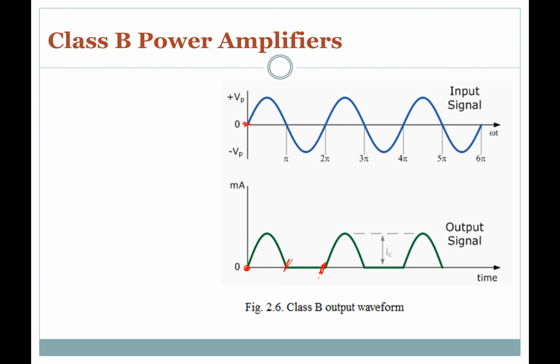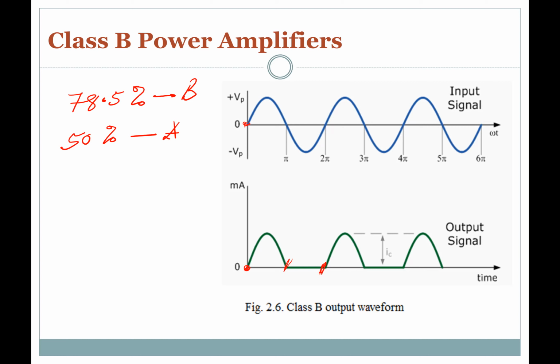Theoretically, the efficiency in class B operation is about 78.5%, while it is only 50% for class A, as you would recall.